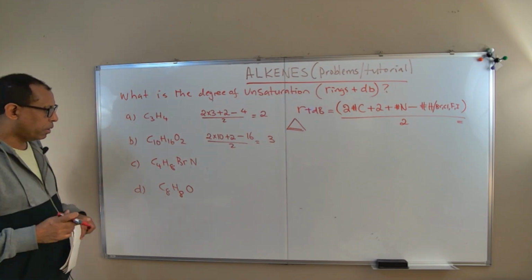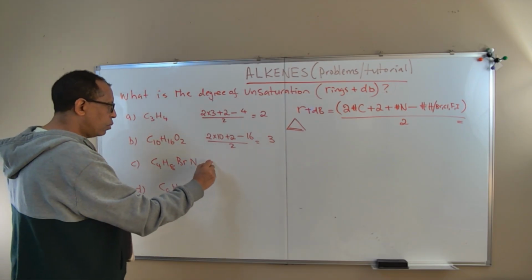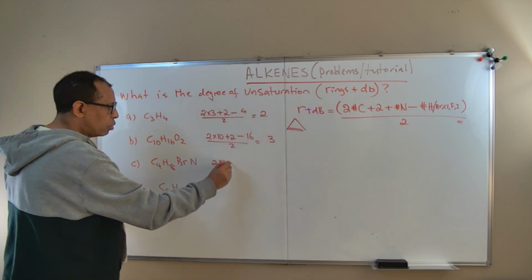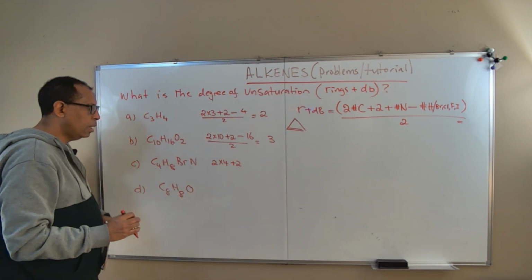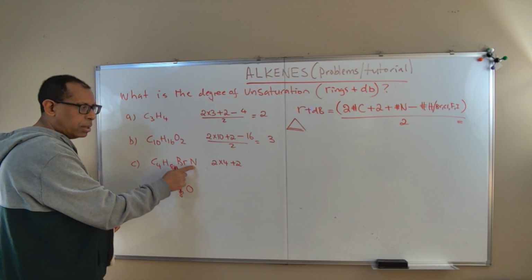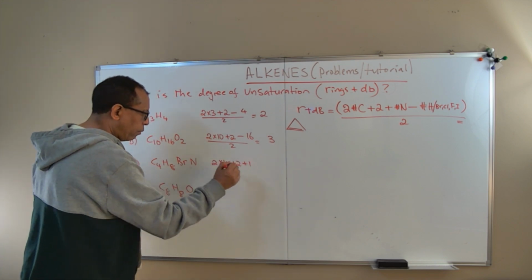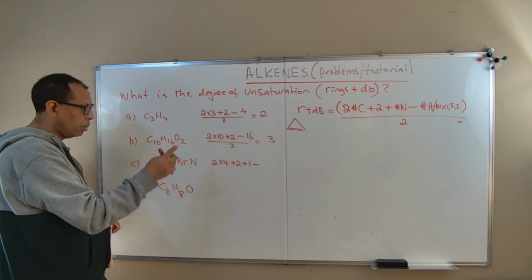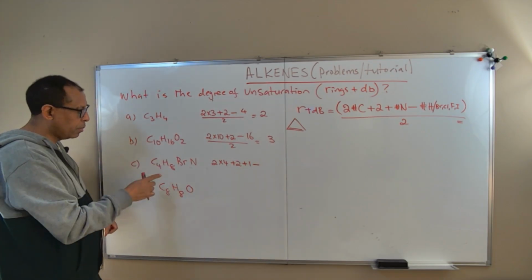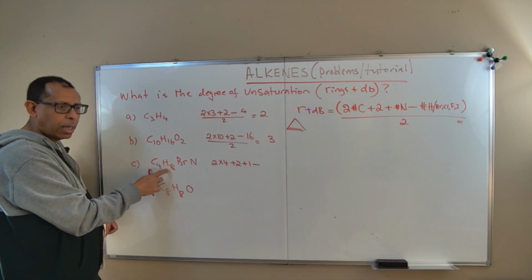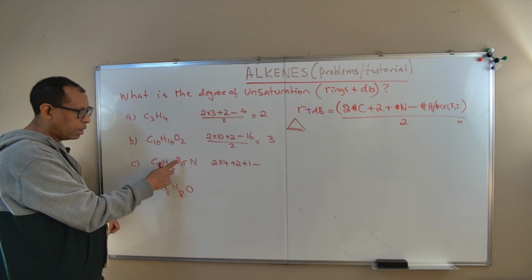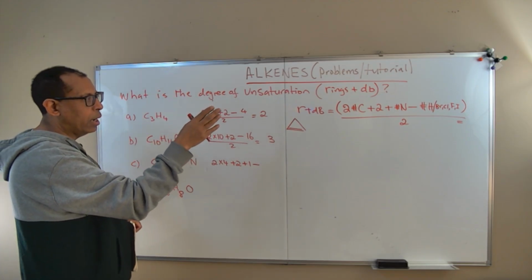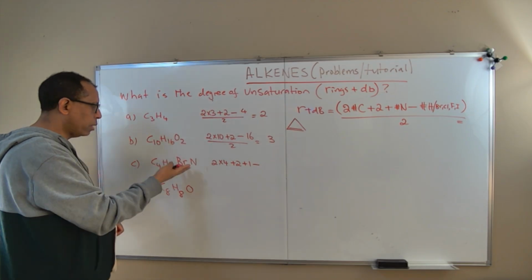For this formula right here, you have 2 times 4 carbons plus 2, plus 1 for the 1 nitrogen, minus the number of hydrogens and halogens together. So you have 8 hydrogens and 1 bromine, that is 9. Because for hydrogens, you add bromine, chlorine, iodine, whatever number you have.